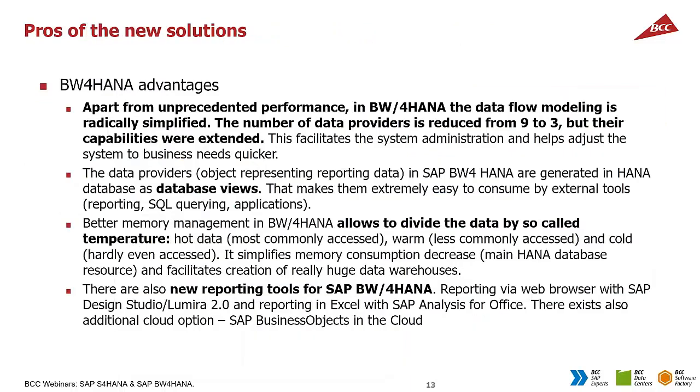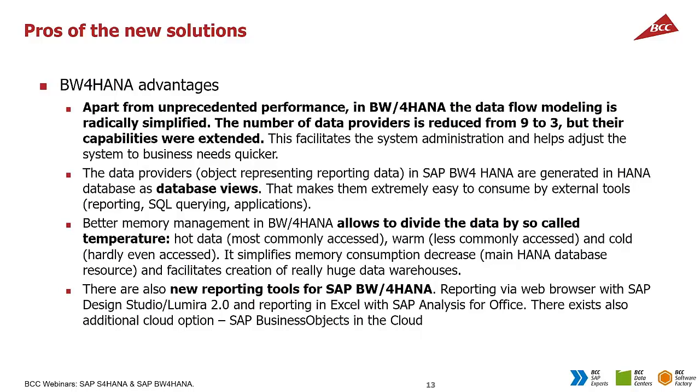Okay, I said a bit about S/4HANA, so an entirely new ERP system and its advantages, but there is also BW for HANA, the new data warehouse from SAP. The first advantage of the system is, of course, the performance.